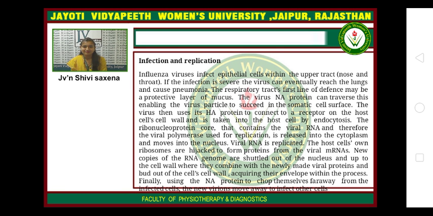They are released into the cytoplasm and move into the nucleus. Viral RNA is replicated, and the host cell ribosomes are hijacked to form protein from the viral messenger RNAs.